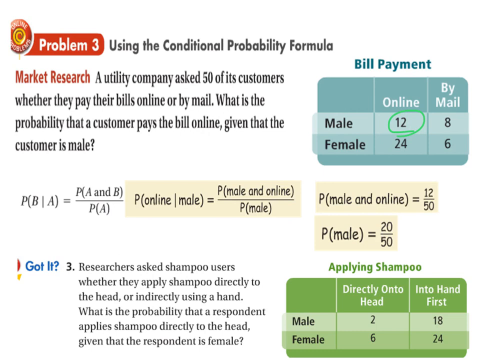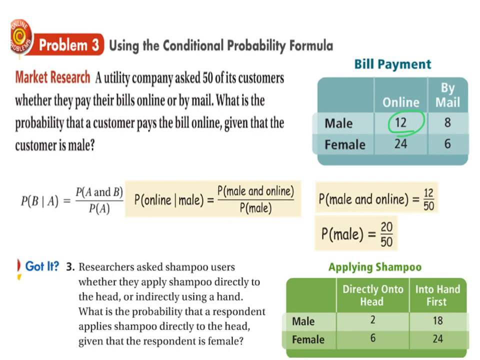But again, we're trying to pretend as if maybe we just knew the probability of male and online was 12 out of 50 rather than having the entire table. But if you were to add those together, you get 20 male respondents, 30 female respondents for a total of 50. That's where the 50 comes from.